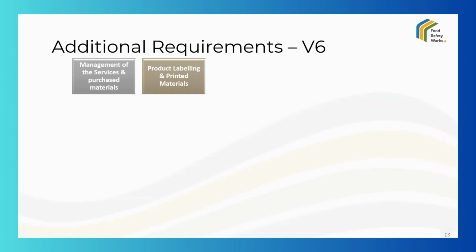Apart from that, there is also a requirement that has been put across, saying that whenever you have your printed material coming in, there needs to be a control over your printed material. There has to be a system of approval. There has to be a system of managing your artwork.